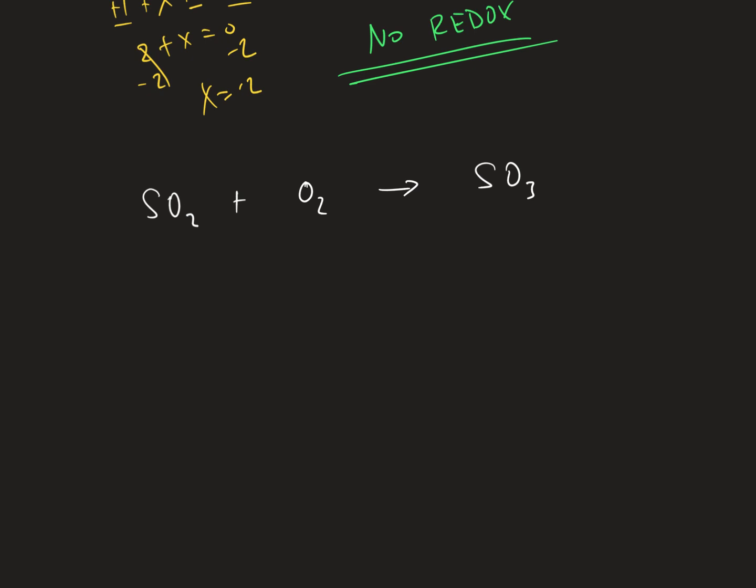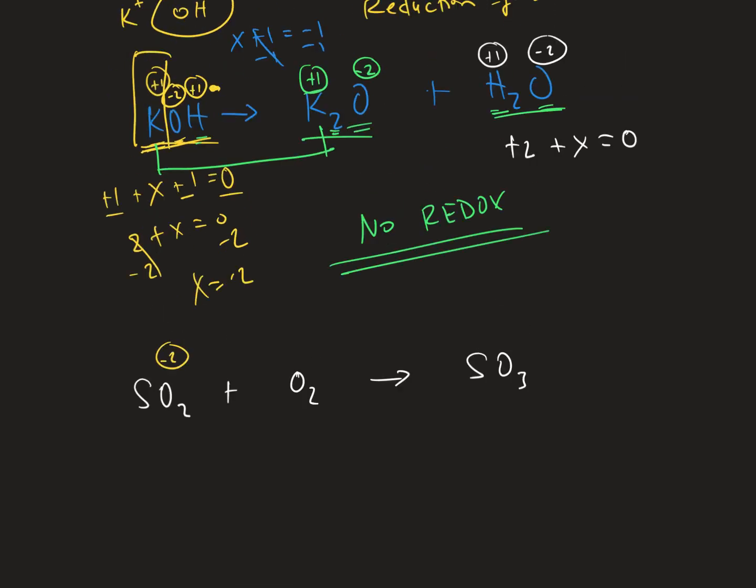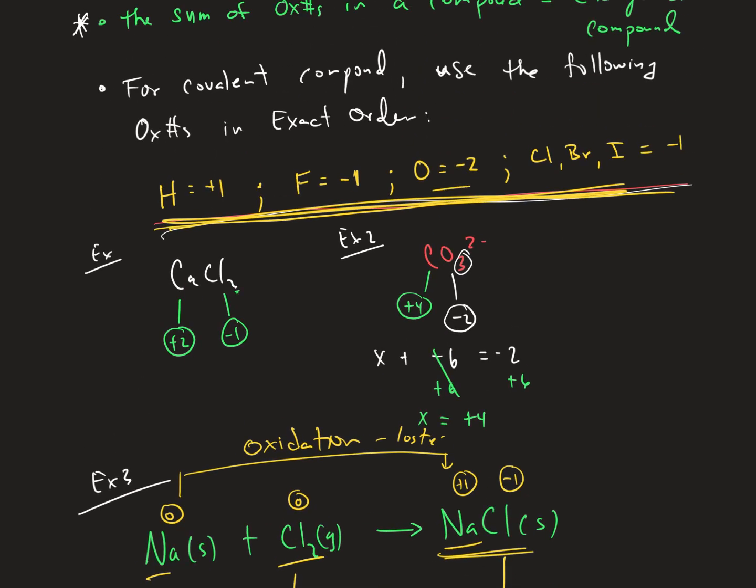Does it matter which substance we start with? It doesn't. I like to start from left because I read from left to right. So sulfur dioxide. Which one do we check first, sulfur or oxygen? Oxygen. Oxygen has an oxidation number of -2 according to this right here, right?